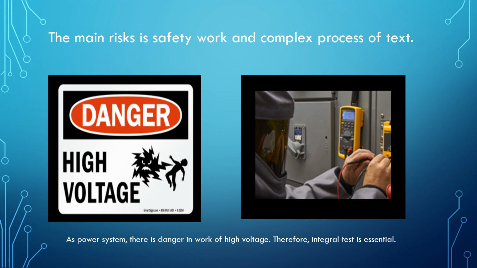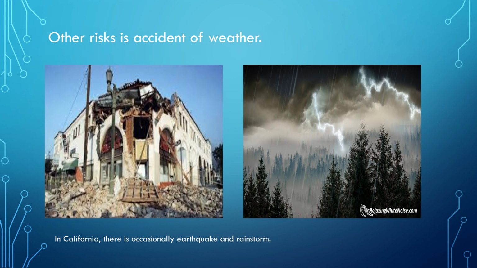These are risks. Another risk is weather accidents. In California, there are occasional earthquakes and rainstorms. This risk must be a factor considered by engineers in the development process.